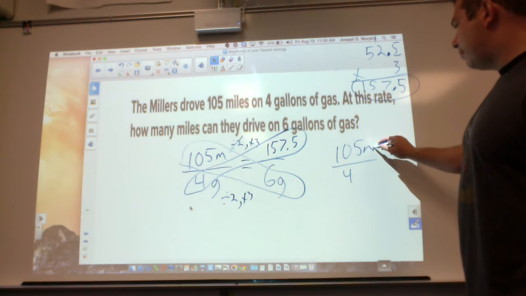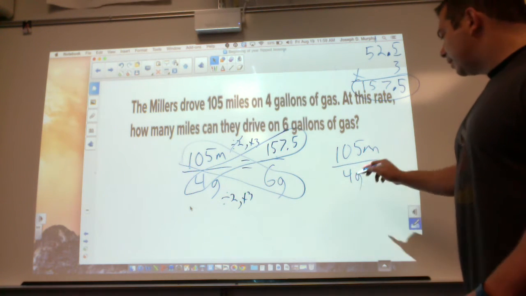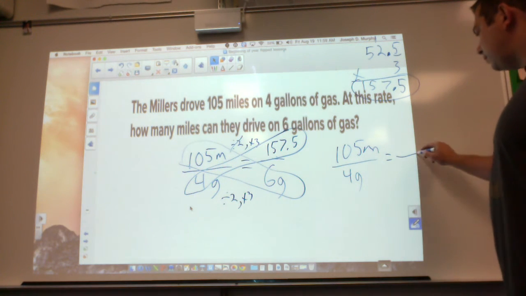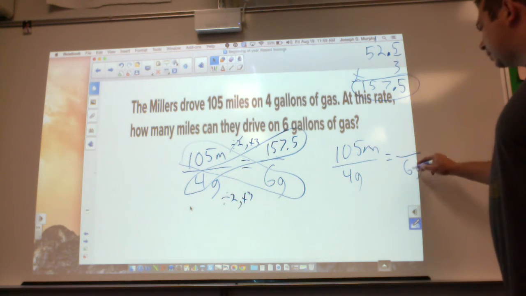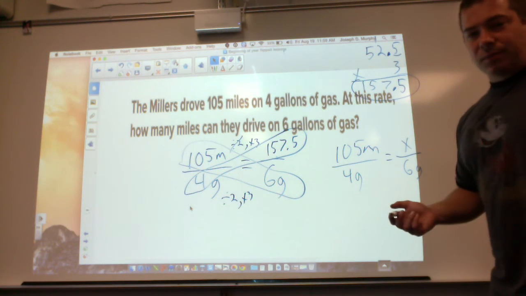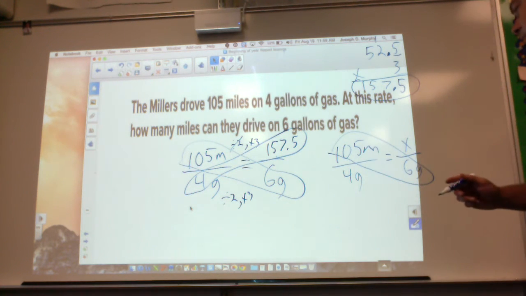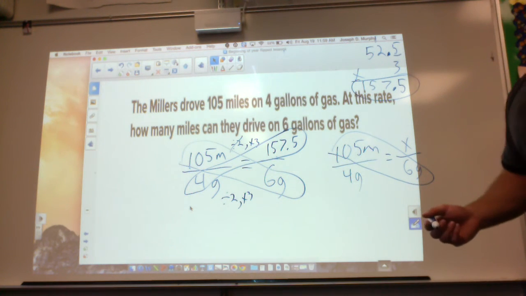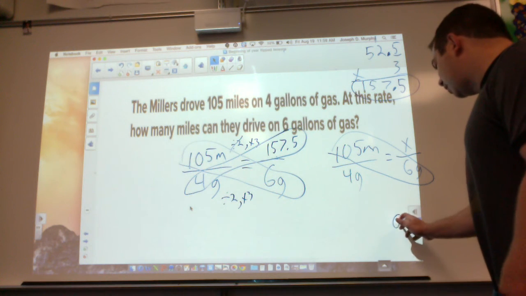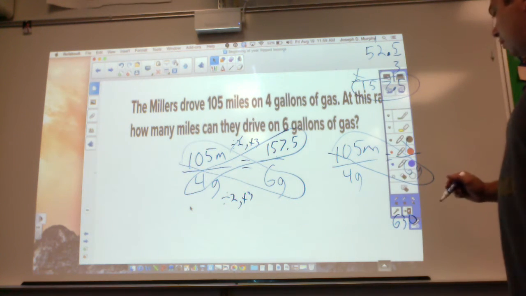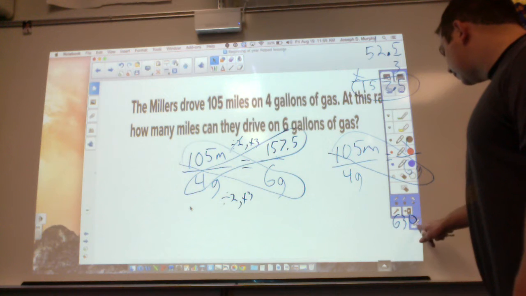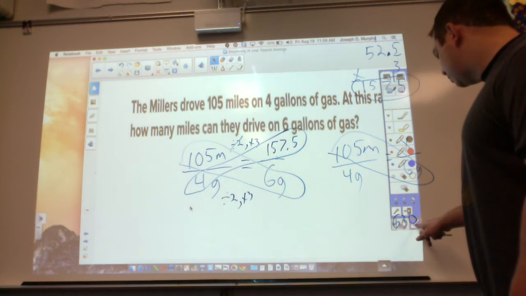105 miles over 4 gallons equals 6 gallons, and we didn't know what that is. So I could cross multiply. I would do 105 times 6, okay, and that would equal 630. So I'll write 630 right there. Oops, I didn't want to do that. I don't know how that just popped up.